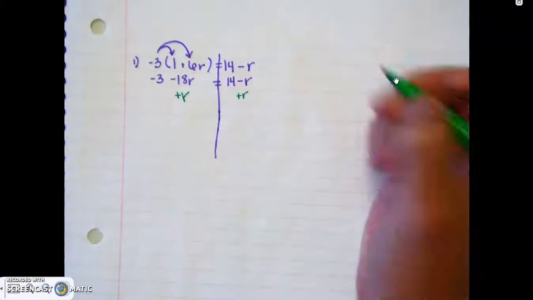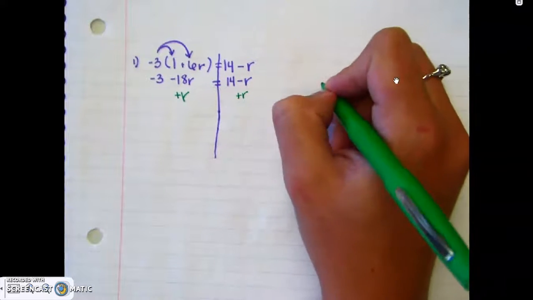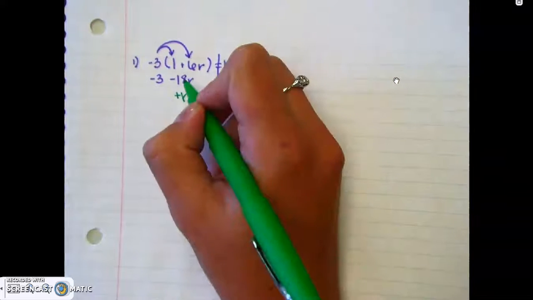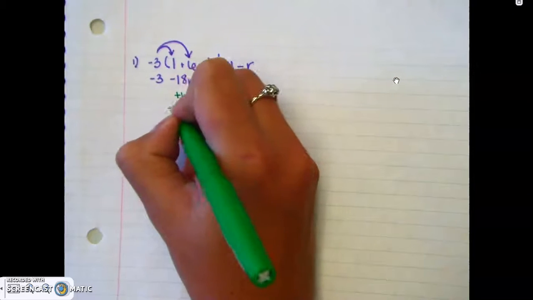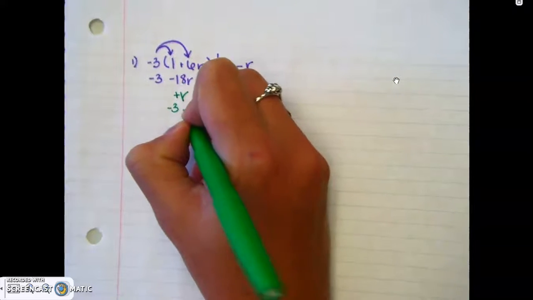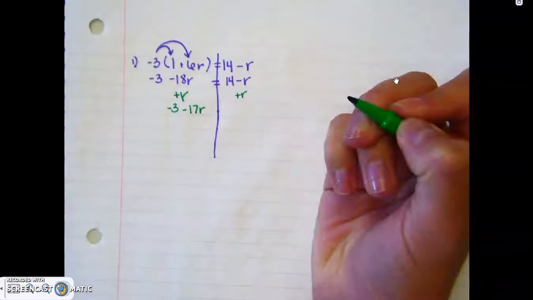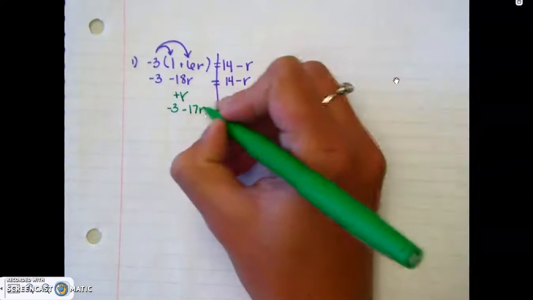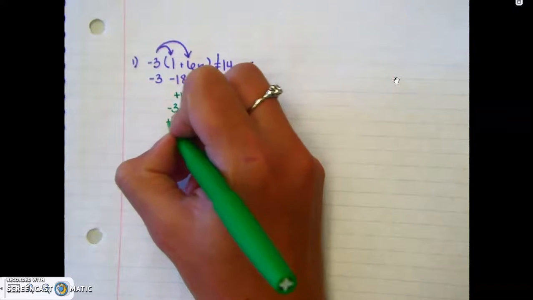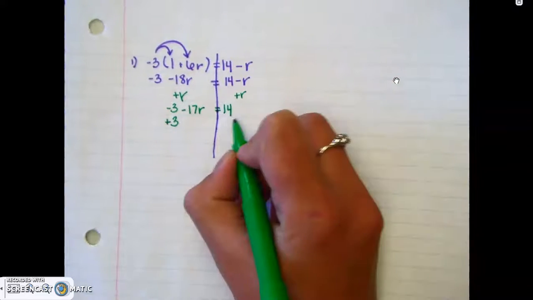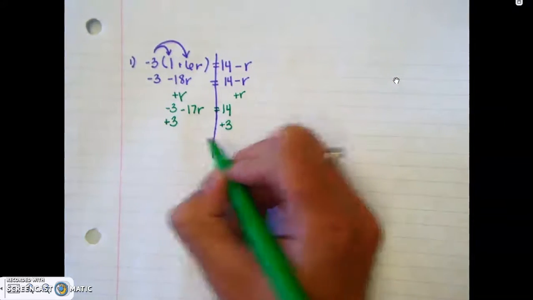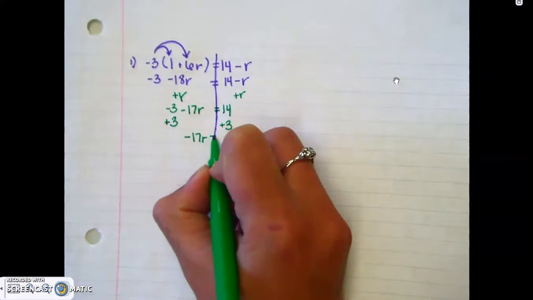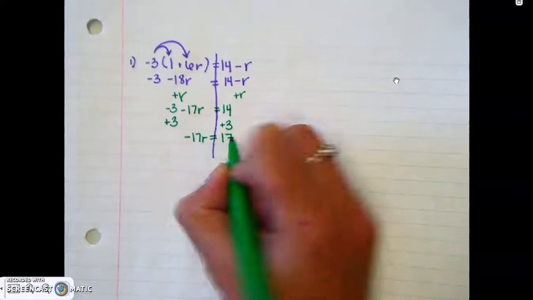Whatever I do to one side, I do to the other. That's the addition property of equality. So then I'm left with -3 minus 17r equals 14. Now I have to get this variable alone, so I've got to get rid of this -3, and I'm going to undo it by adding 3 to both sides. And I should get -17r equals 17.